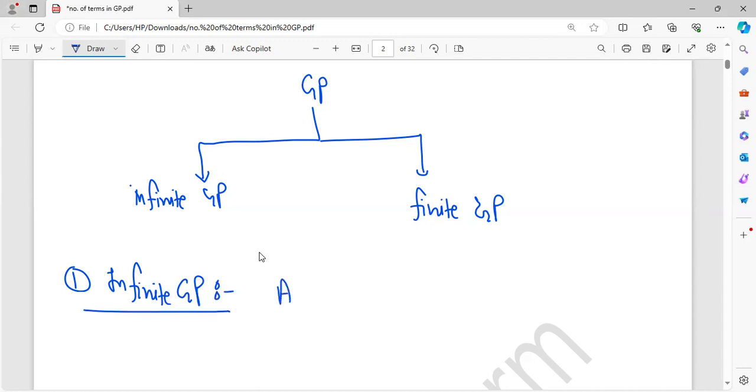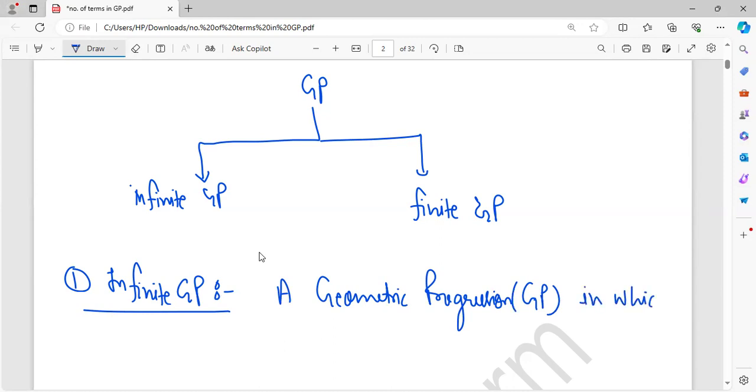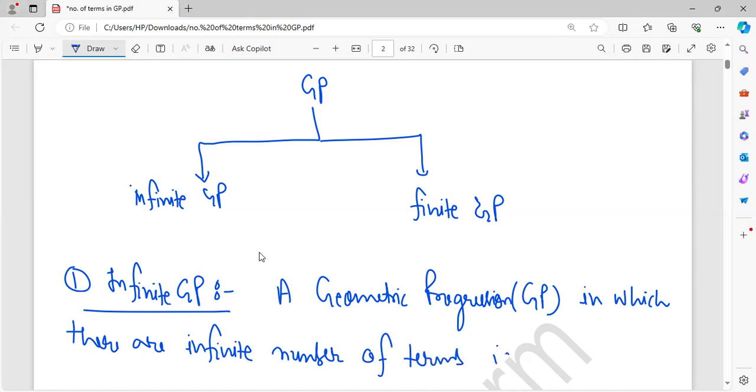A GP, a geometric progression, in which there are infinite number of terms is called infinite GP.